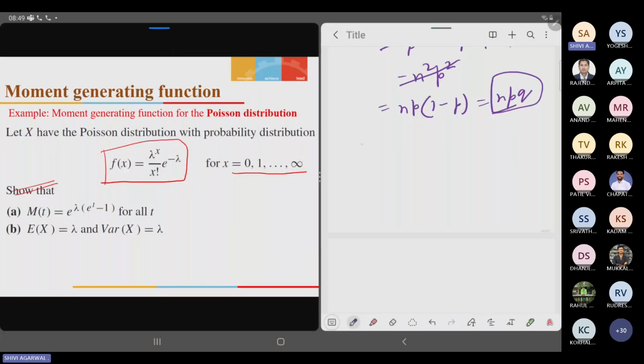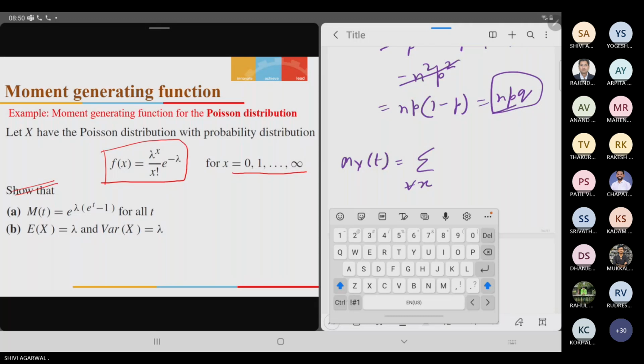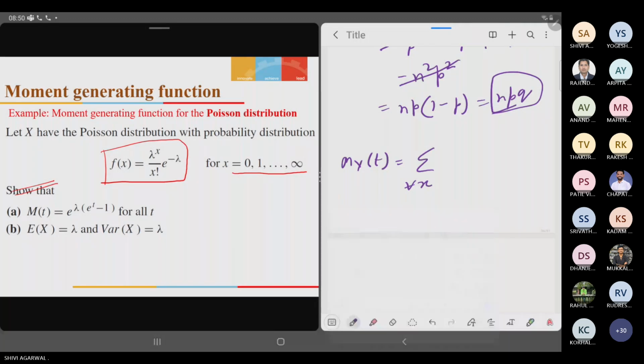So the moment generating function of the Poisson distribution is the summation over all x of e^(tx) λ^x e^(-λ) upon x factorial, with x from 0 to infinity.